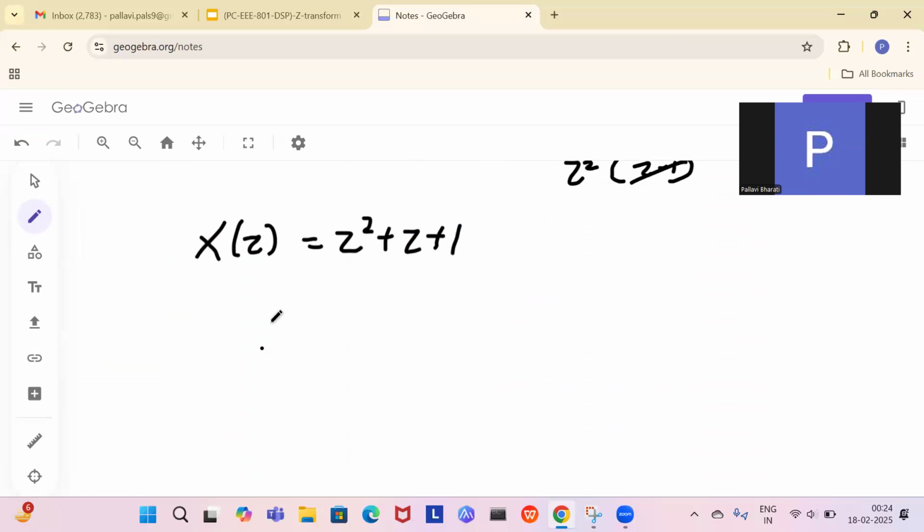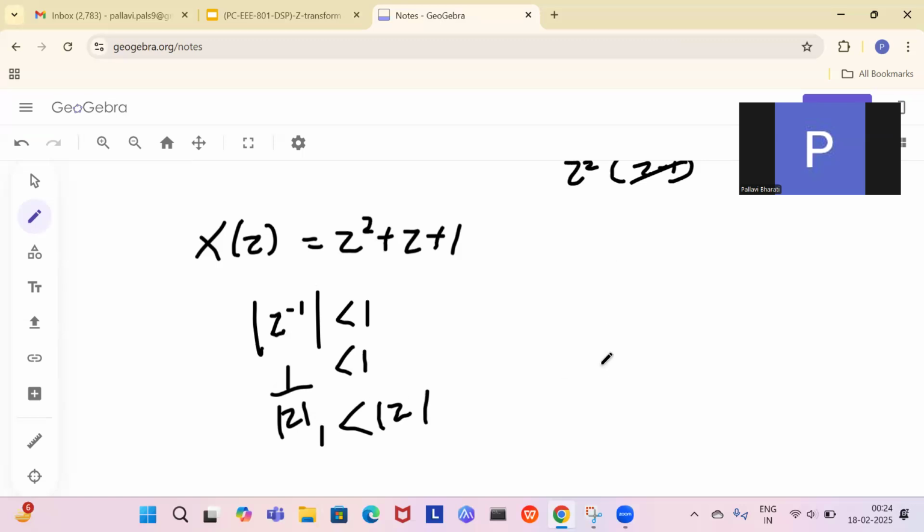What was my mod of R? My mod of R was mod of z inverse. So mod of z inverse is less than 1. This is for both the signals. Same thing was there. So if you write it, it will be 1 by mod of z less than 1. This will give you mod z greater than 1.